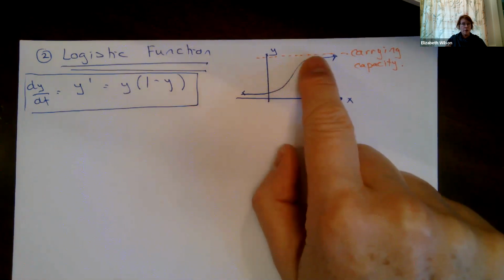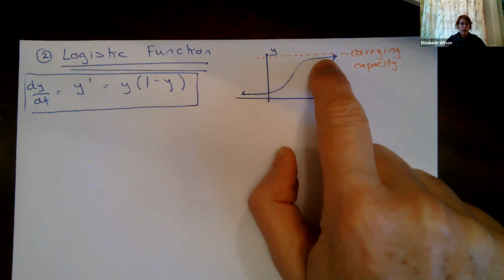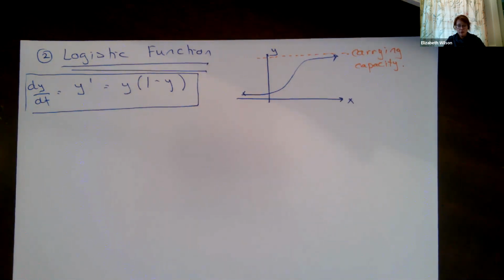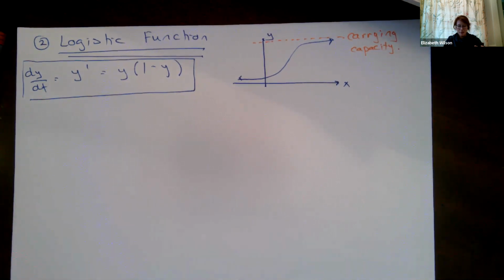We start to run out of food, land, and water, and then the population reaches a maximum. So carrying capacity is a really important concept because it gives us an upper limit on how many people, or yeast particles, can live in a petri dish, things like that.